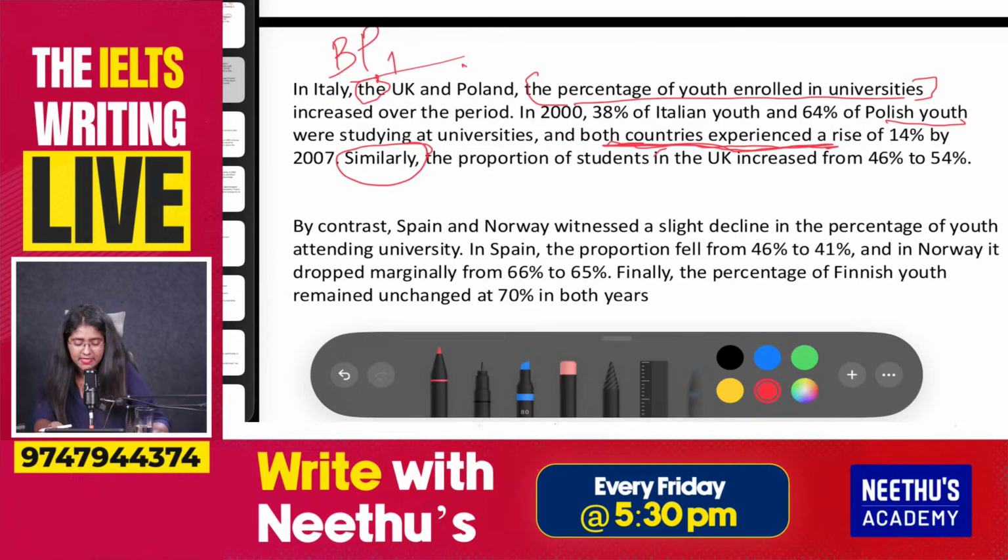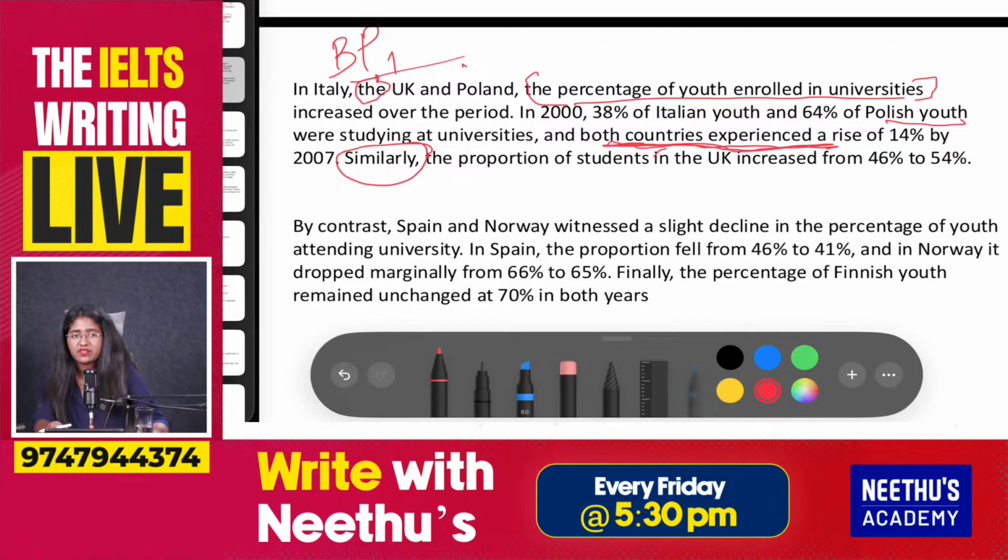Okay, similarly, the proportion of students, then similarly, use of the word similarly, the proportion of the students in the UK increased from 46 to 54%. So in one place they said the difference, in another place they said from-to.